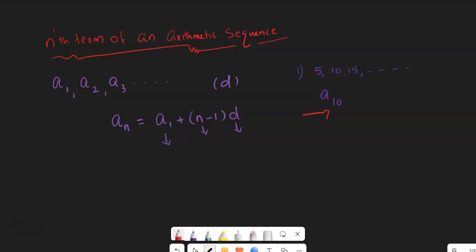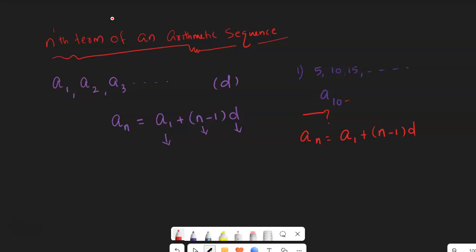In these kinds of problems, first you need to check the first term of the sequence. We know that the explicit formula for this case is an equals a1 plus n minus 1 times d. For the 10th term, just replace n with the given position, here 10.